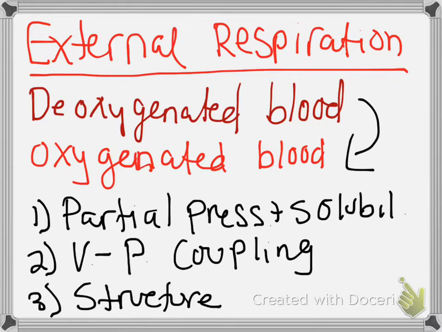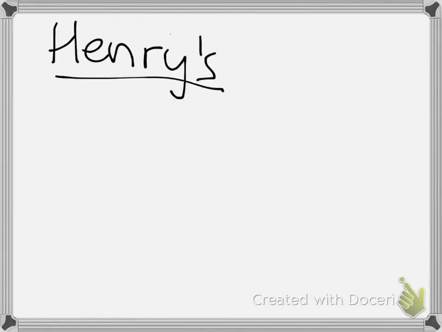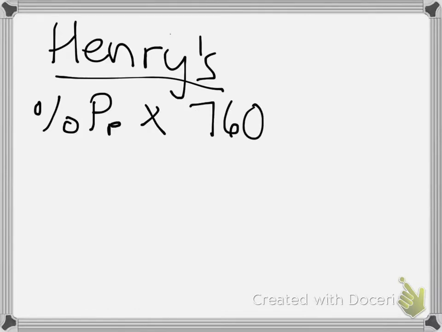So partial pressures can be identified by using Henry's law. And Henry's law states that the percent of the partial pressure times atmospheric pressure in millimeters of mercury gives you the partial pressure in millimeters of mercury.